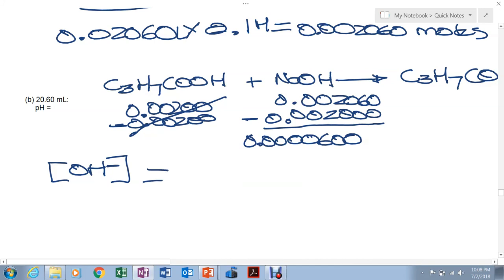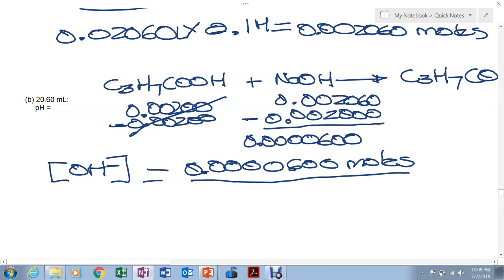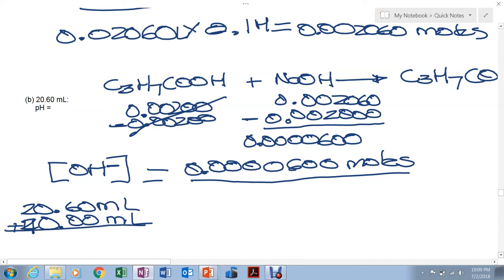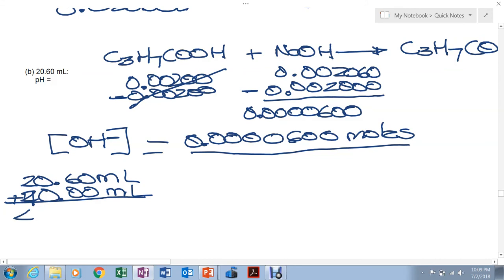How? It's the concentration of the NaOH in excess. It's going to be your number of moles of excess NaOH, which is the same as the OH, a strong base, and you divide it by the total. The total would be 20.60 milliliters, and you already had 20 of acid, so it's going to be 40.60 milliliters, 0.04060 liters.